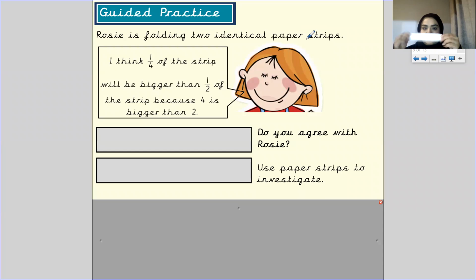So I'm going to show you. So now I've got 2. So I've got two strips here. Okay, strip 1 and strip 2. Out of this strip, I'm going to make quarters. So I'm going to fold it once, which has given me half.